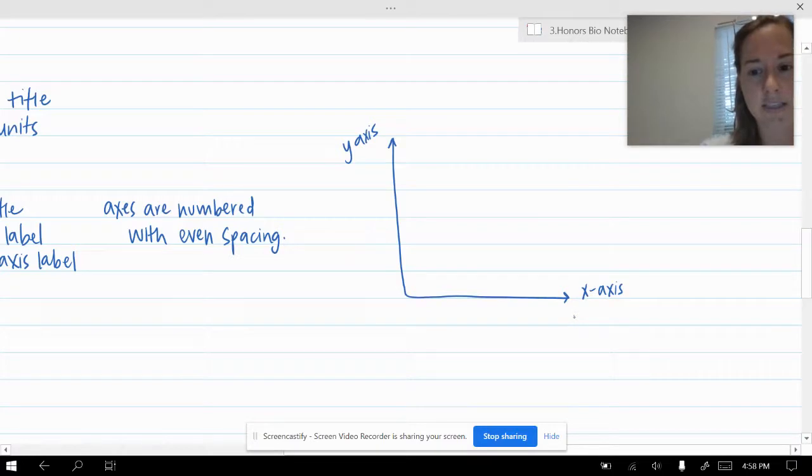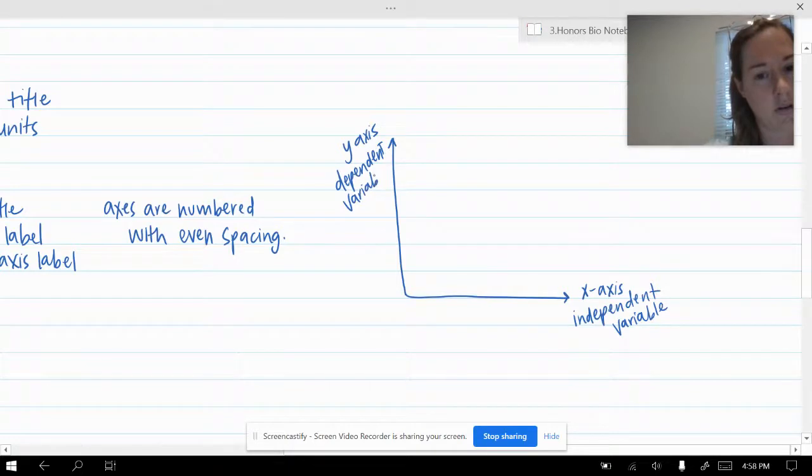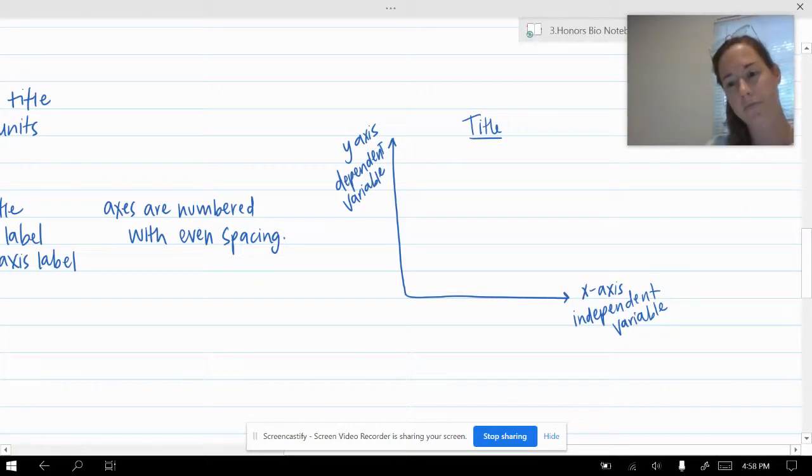Normally on your x-axis is your independent variable. And on your y-axis is your dependent variable. And then, of course, up here you would have a title. And your graph would go in the center.